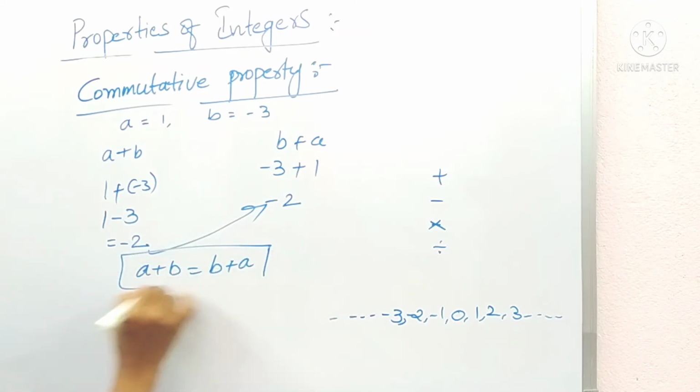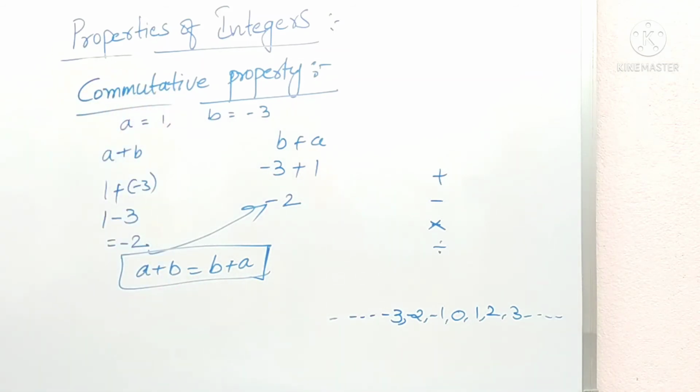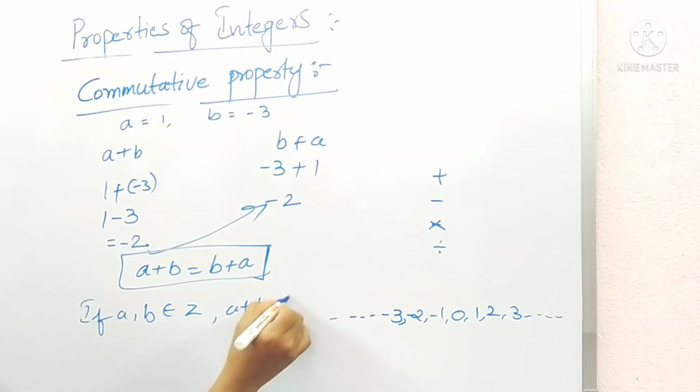a plus b equals b plus a. So now we can say integers are commutative under addition. So a plus b is equal to b plus a. If a, b are integers belonging to Z, then a plus b is equal to b plus a.